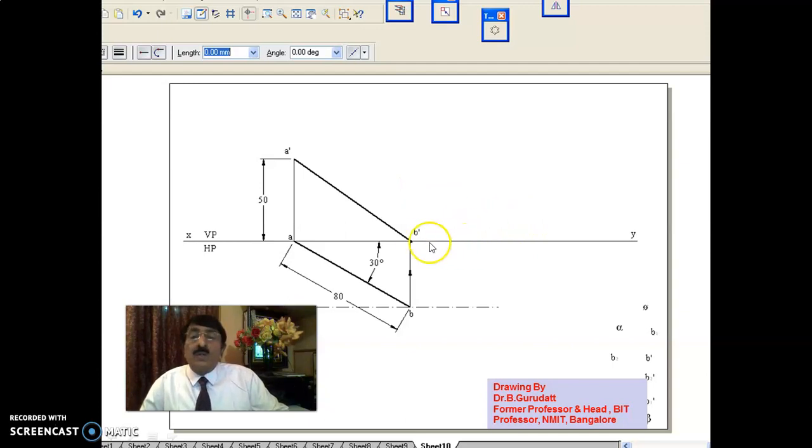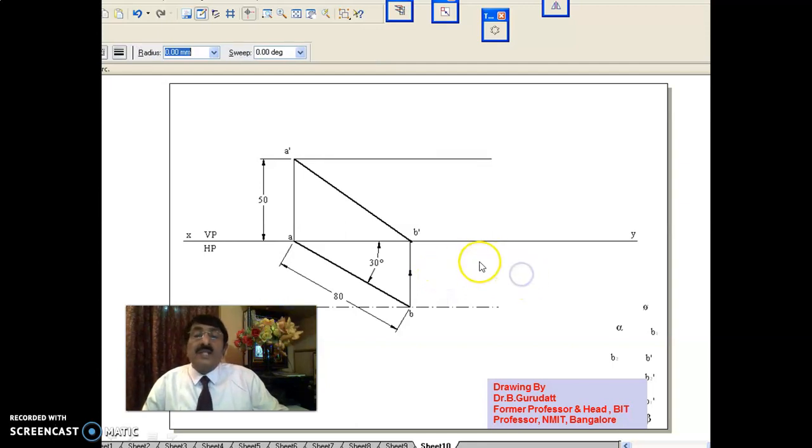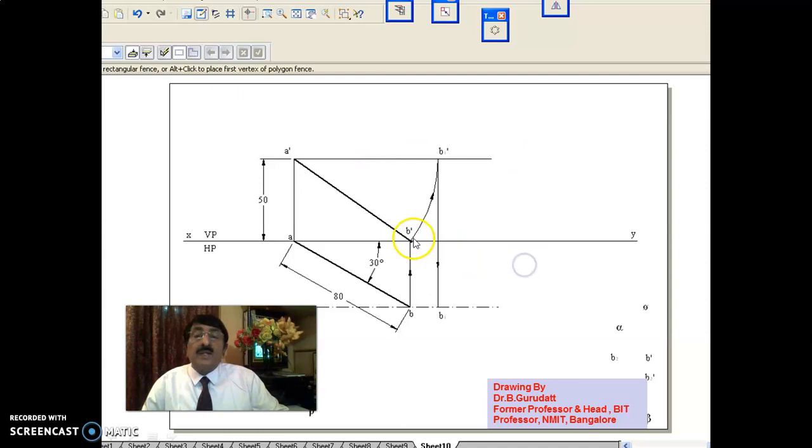For that, I told you rotation of the front view or top view parallel to XY line will give you true length and true inclinations. I draw one horizontal line. Front view, I have made it parallel to XY line. When it is parallel to XY line, it is parallel to VP.